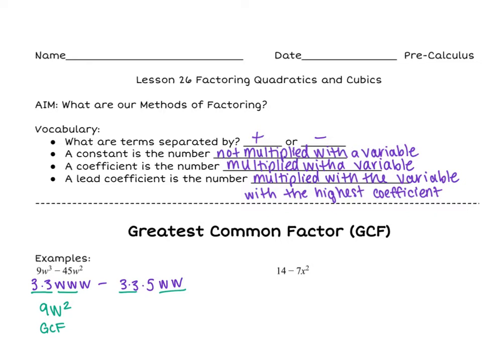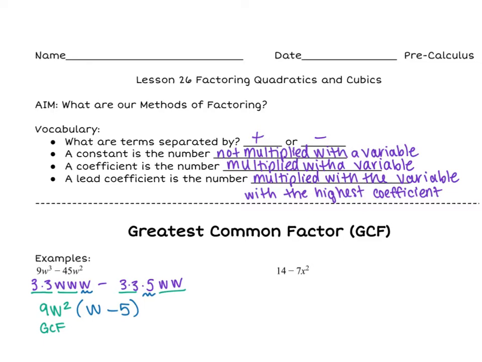And then when you factor out the greatest common factor, you need to write the leftover factors from each term in parentheses. So from the first term we have this w minus, and in the second term we have the 5 left over. So I'm going to call those the leftovers, that's not a mathematical term.